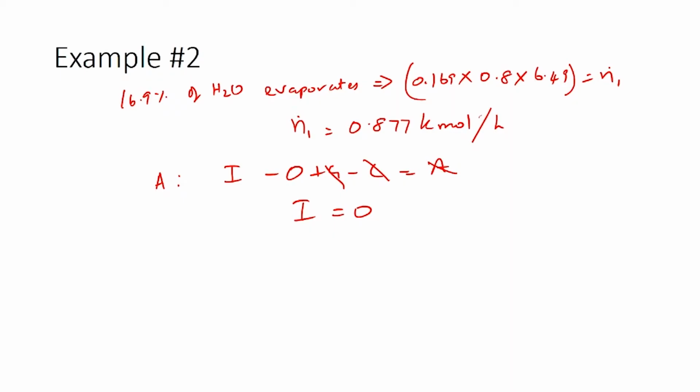The component entering, which is input, would be equal to 0.2 times 6.49. This is the number of kilomoles of sodium acetate entering the system. We now have to identify how many kilomoles of sodium acetate is leaving the system in terms of crystals and how much is leaving along with the solution.